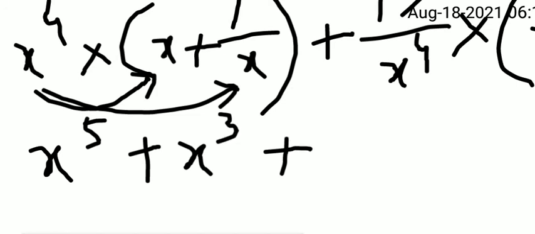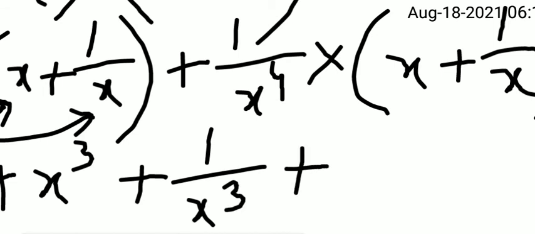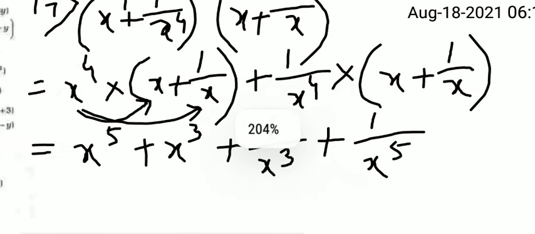Plus 1 by x to the power 4 multiplied with x, it will be x by x to the power 4. So x and x to the power 4 cancel, it will be 1 by x cube. Plus, plus is plus. Now 1 by x to the power 4 multiplied with 1 by x will be 1 by x to the power 5. Clear, students?